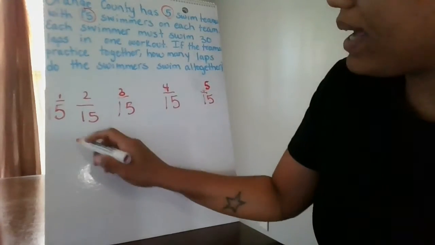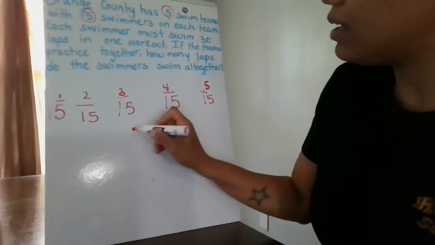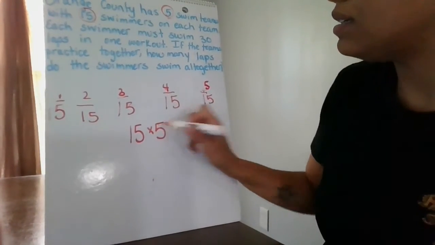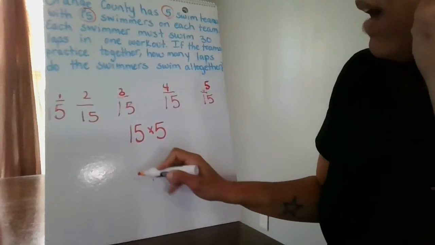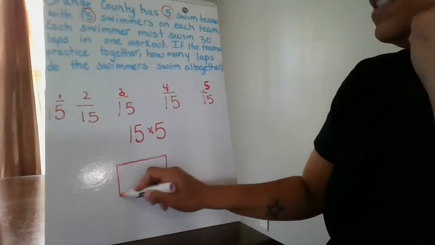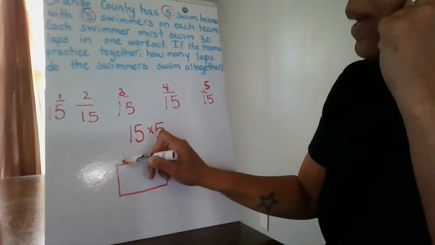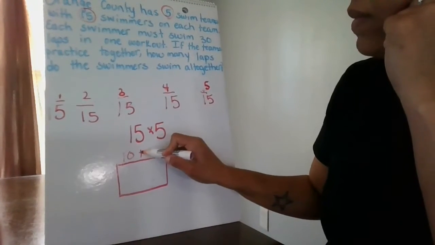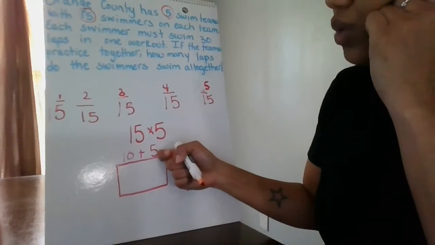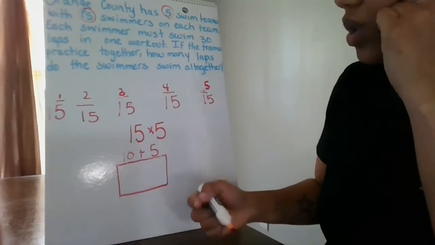So if I'm doing my area model, regardless, I'm figuring out in the first step 15 times 5. Area model, remember, you're breaking up 15 into expanded form. 10 plus 5, and really it's the value. The 5 in the 1s is worth 5. The 1 in the 10s is worth 10.